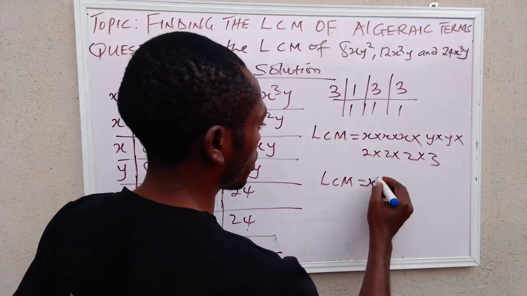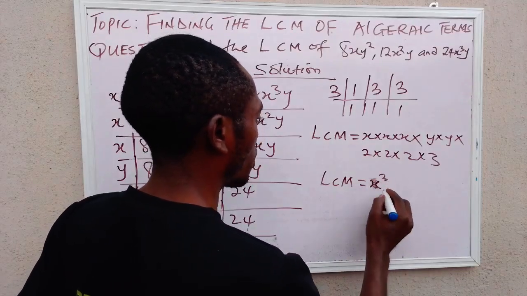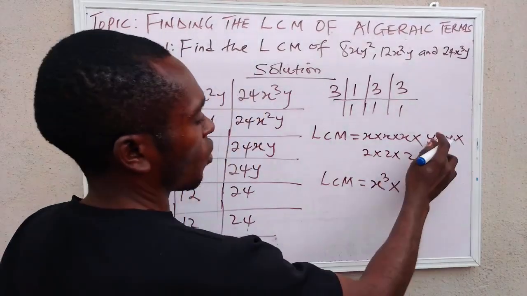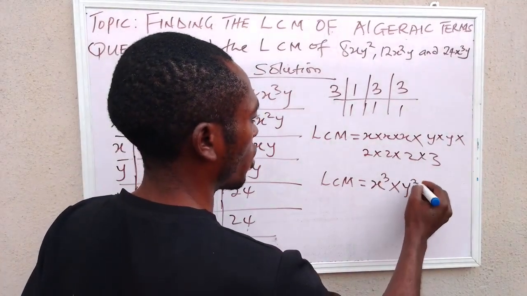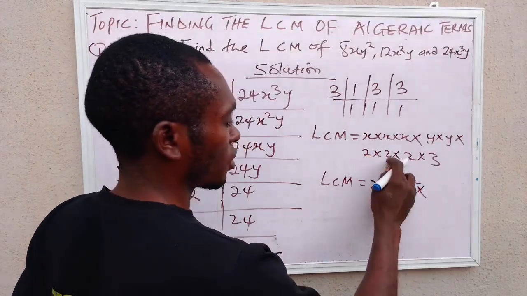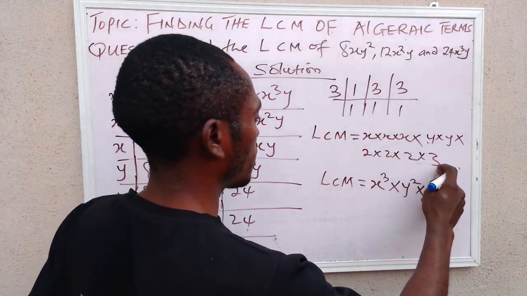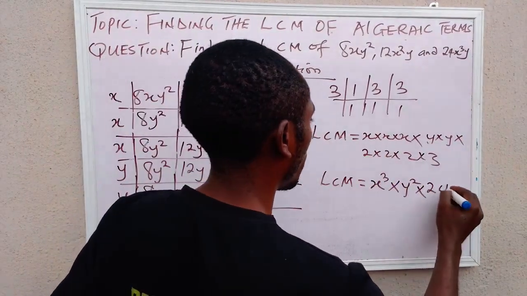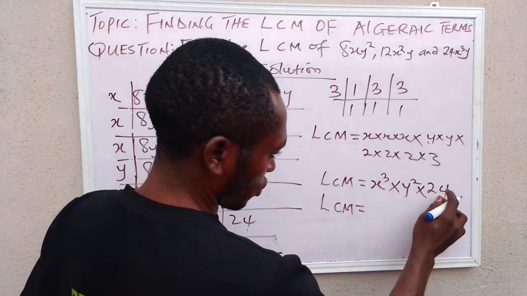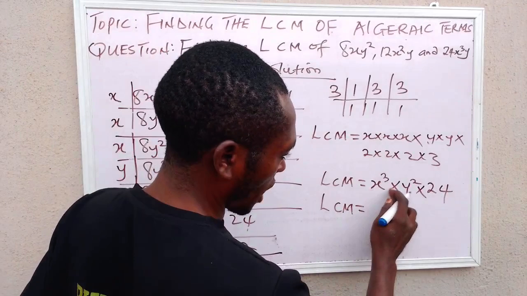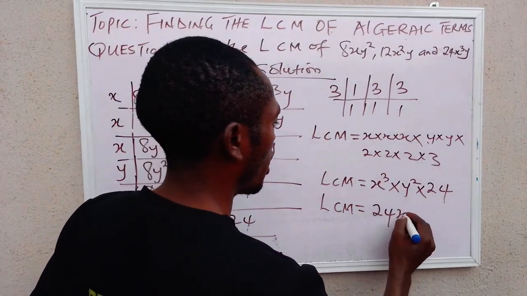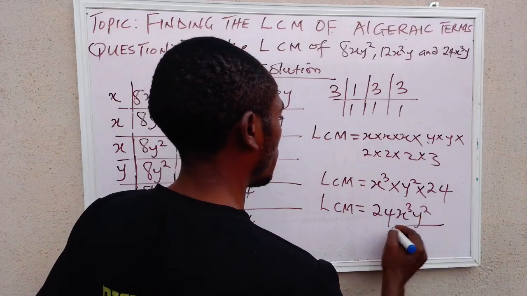Times y times y is y squared, because you have 2 y's here, times 2 times 2 times 2. That's 2 times 2, 4, 4 times 2 is 8. 8 times 3 gives you 24. So we have LCM equals, write this 24 first, then follow this order, x cubed and y squared.